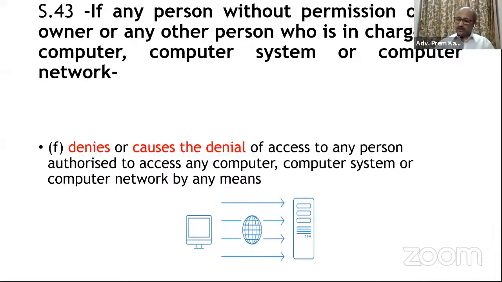The previous one I stated is disruption, where you are able to communicate and suddenly you lose control and it gets disrupted. Whereas in 43F, it's a situation where you just cannot even access. So you use your credentials and try to log in, you're unable to. So this is a scene which is described under 43F.